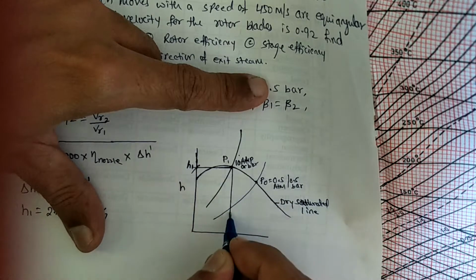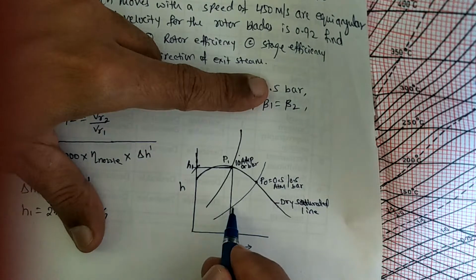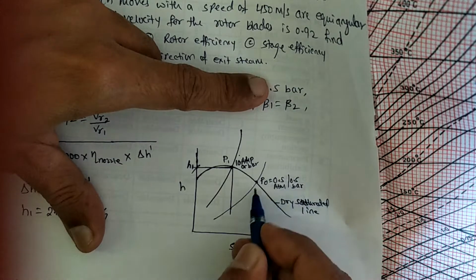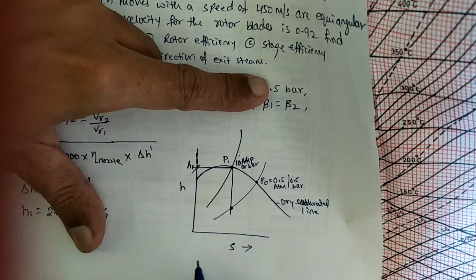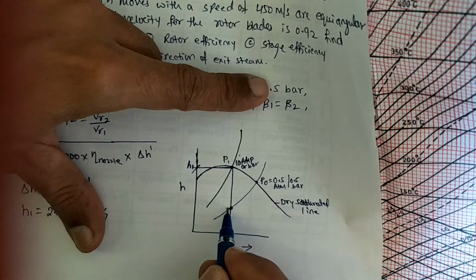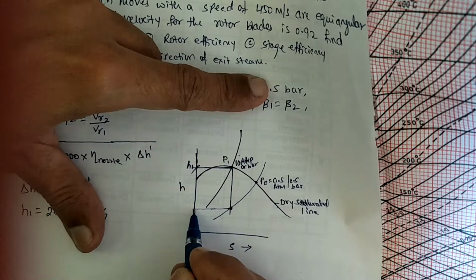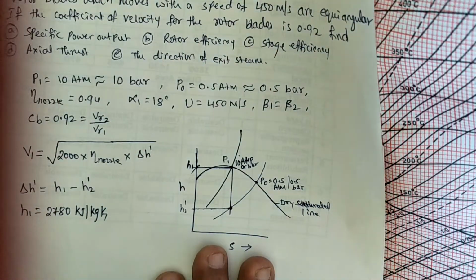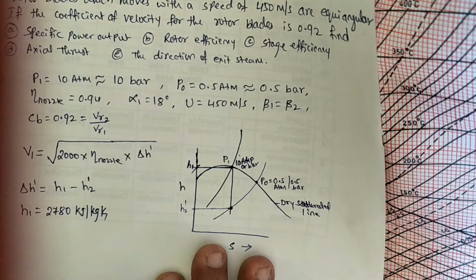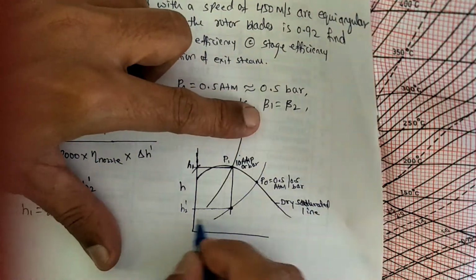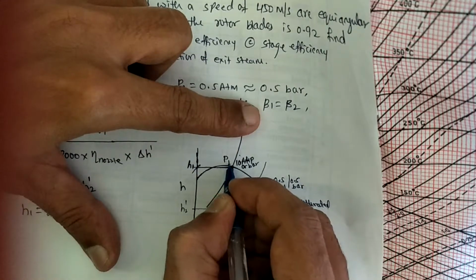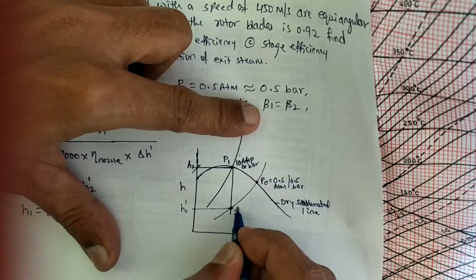As you can see here, it cuts the P0 line, the 0.5 bar pressure line, here. If you move from this point towards the left, you will get H2 dash. So this is H2 dash, I will write it as H2 dash.